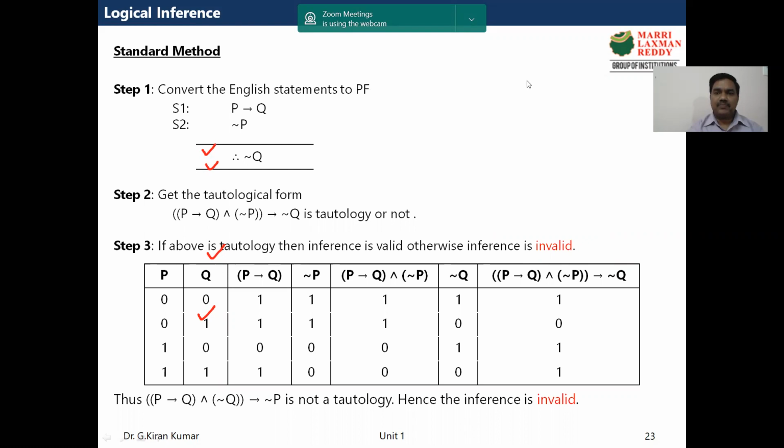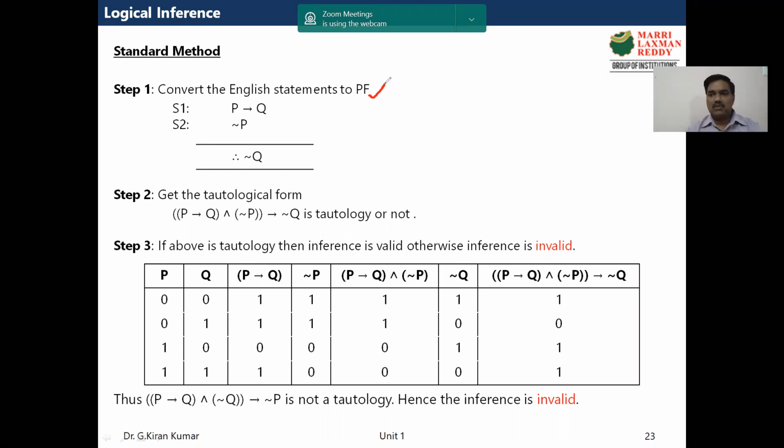So let us see the different steps in this. Step one: first you convert the given English statements to propositional functions.